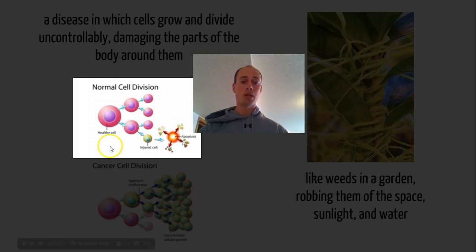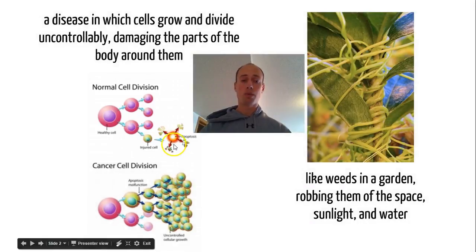And it goes through something called apoptosis, which really is self-destruction of that cell that's not working properly. And that's a good thing, because then the healthy cells that need the nutrients and necessary things so that they can divide and do their jobs, can do that without being affected by the injured cells.